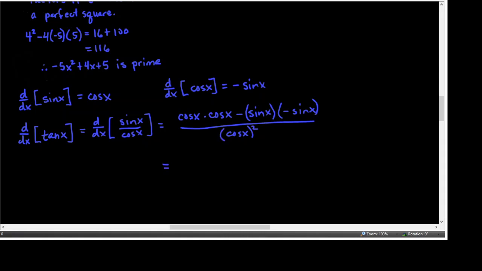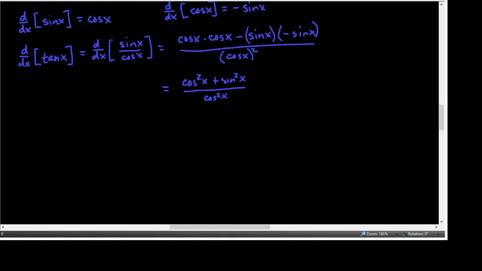Okay, simplifying, that's cosine squared x minus negative, so plus sine squared x over cosine squared x. Now simplify if we can. Well, hopefully you haven't forgotten your identities, and you know that the major Pythagorean identity is cosine squared x plus sine squared x is 1.